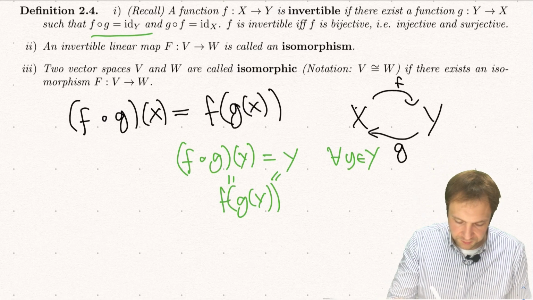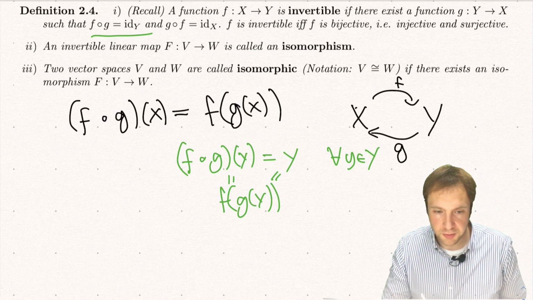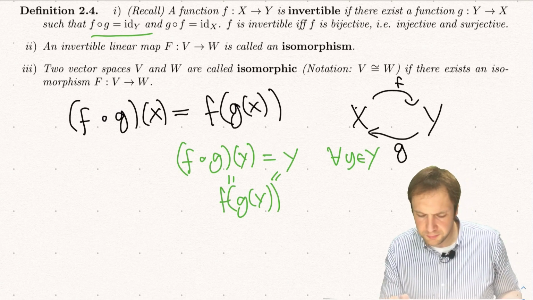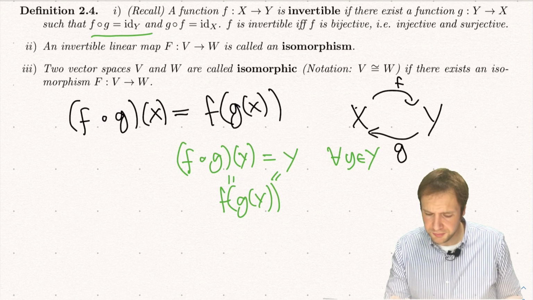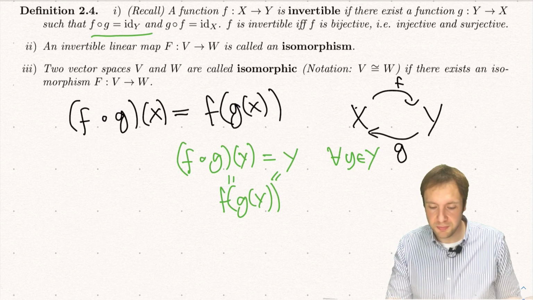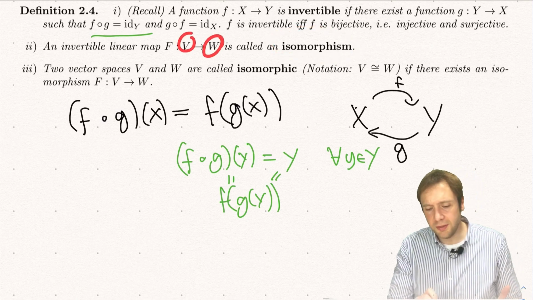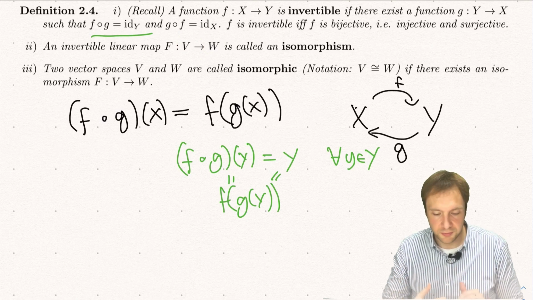Yeah, and this iso comes from the Greek word iso, which means equal, and morphism comes from the Greek word morphosis, which means to form, to shape. And isomorphism just means that if I have two vector spaces which are isomorphic, they have the same structure.